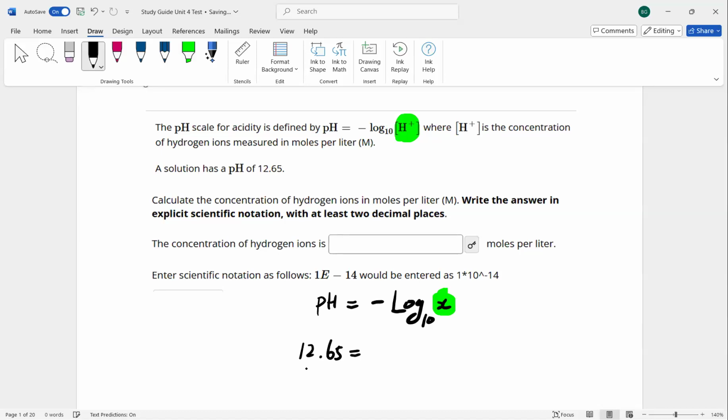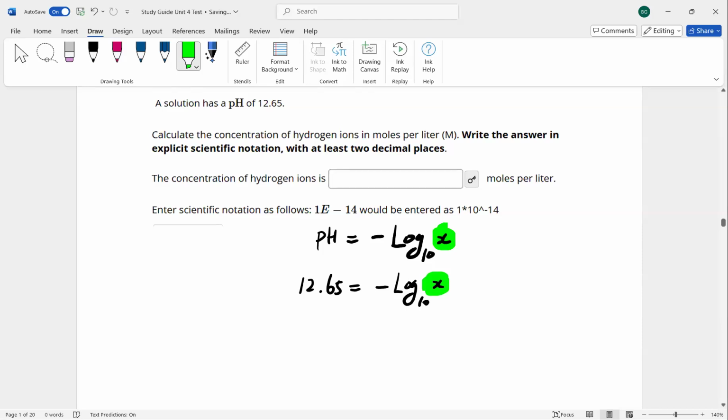Plugging in, it equals negative log with base 10 of the concentration. This equation is a simple log equation. What about the negative sign? That's easy. We just divide each side by -1 to get rid of it. Then the right side is just the log with base 10 of the argument. On the left side, we have negative 12.65.